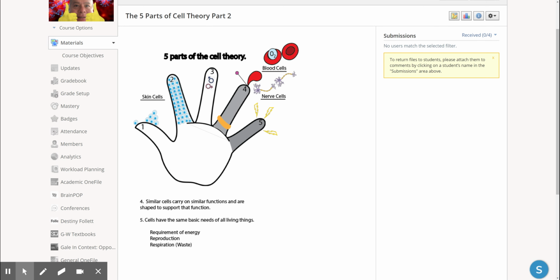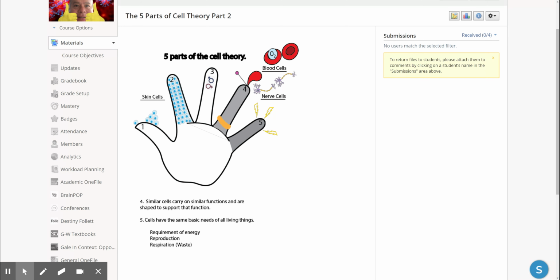Back to what number 4 represents. If you read down the bottom, you're going to write this down: similar cells carry on similar functions and are shaped to support that function. That is part of the cell theory, number 4 of the cell theory.